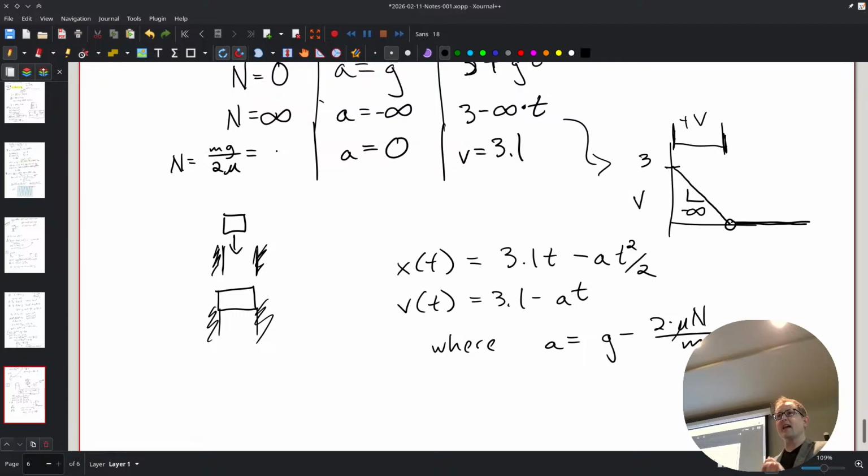How big is that n? Is that a big number, a small number? How big of a normal force do we need for that one?